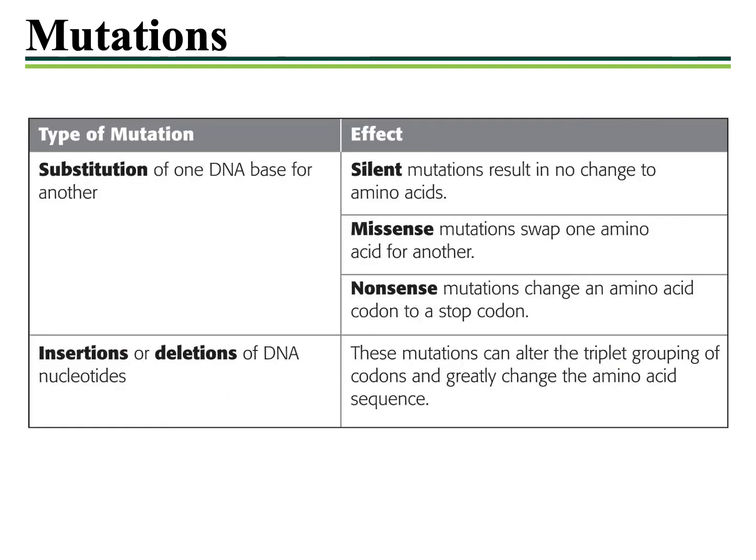What you see in this slide is a highlight of different terms associated with mutations. Mutations, as we will talk about in our next lecture, can be categorized in lots of different ways, but simple examples are presented in this table. A mutation can be a substitution, basically where you have a DNA base or nucleotide that has simply been substituted for another.